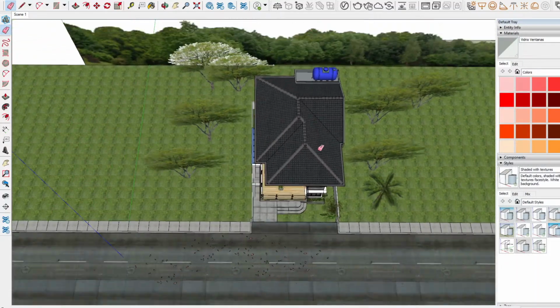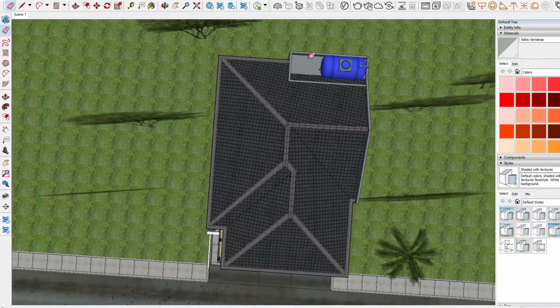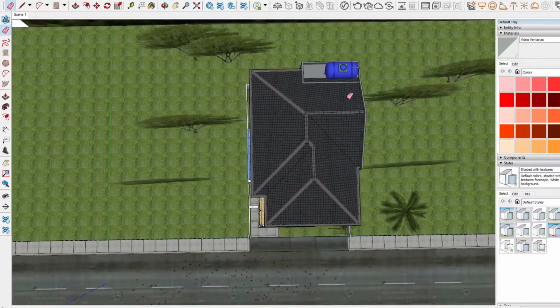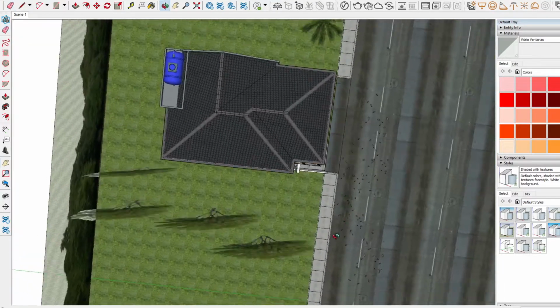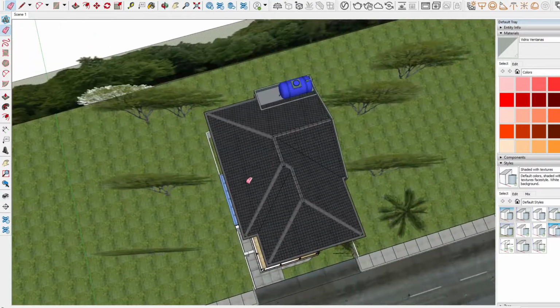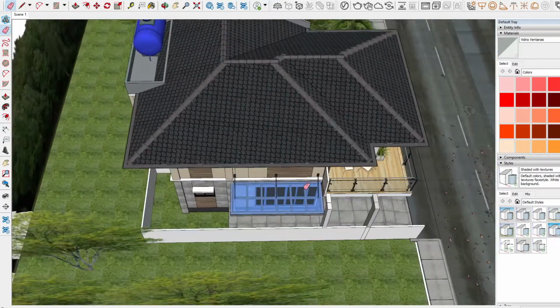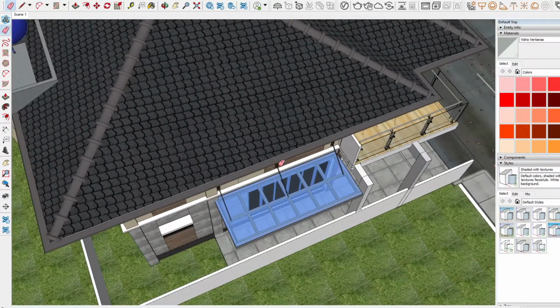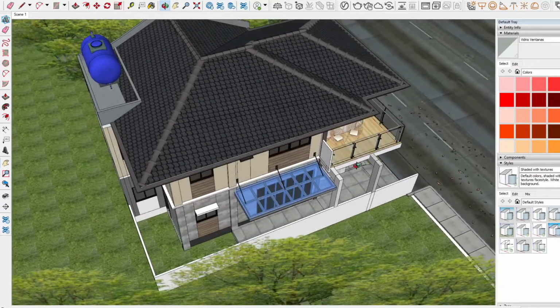So basta mag top view ka, tanan nga makita mo within that roofing or within the top view, i-reflect mo siya sa imong roof plan. Ang mga canopies, it is also considered sa imong roof plan, dapat naka-reflect na siya.